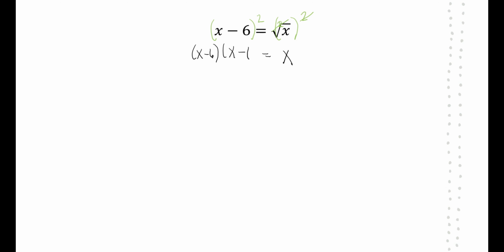times x minus 6. And then expanding this equation, we have to use the FOIL method. Okay, so we have to look for the first terms, and those are x and x, and we have to multiply them. X times x is equal to x squared. Next are the outer terms, and those are x and negative 6.